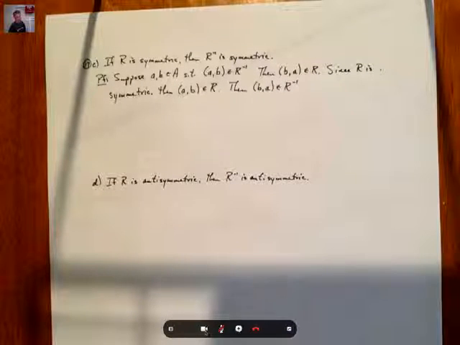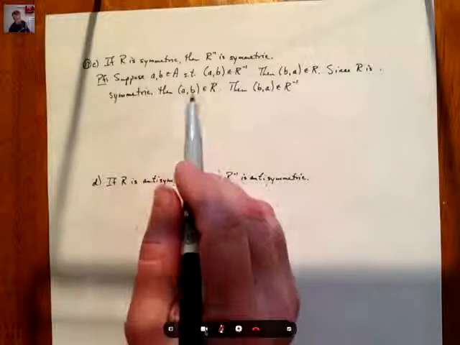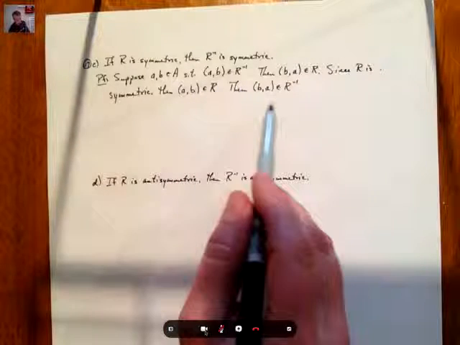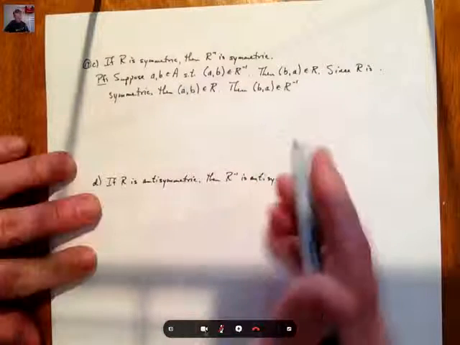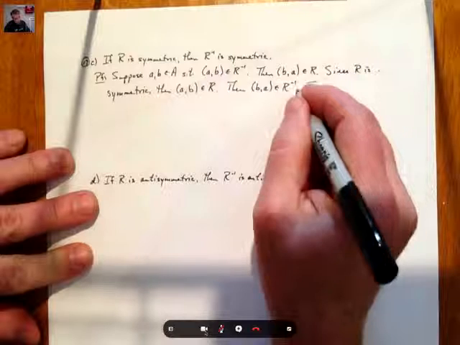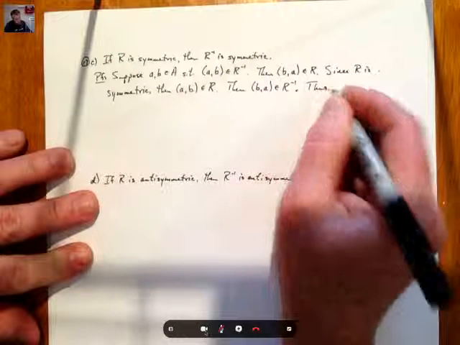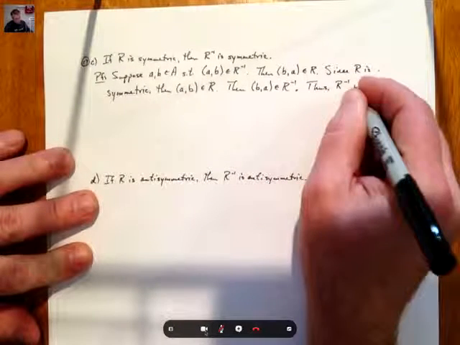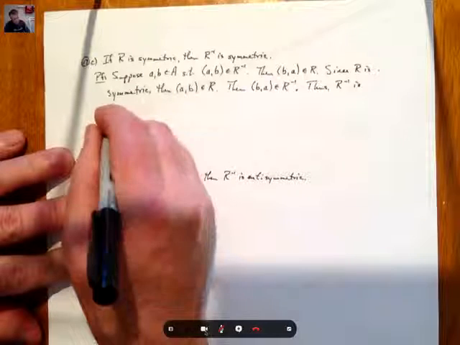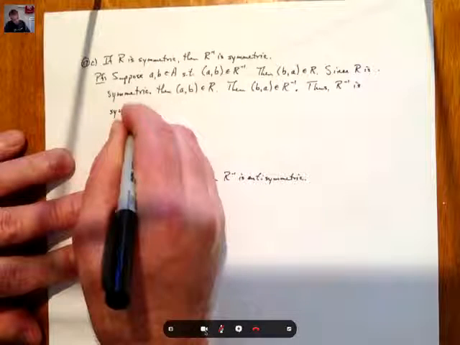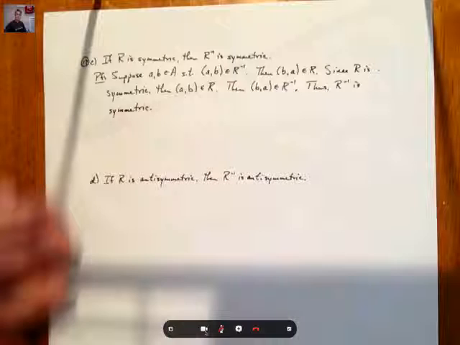You just flip-flop the first and second coordinates. And that's enough, right? We had to show for every (a, b) that I've got (b, a), which I did. Thus, R inverse is symmetric.